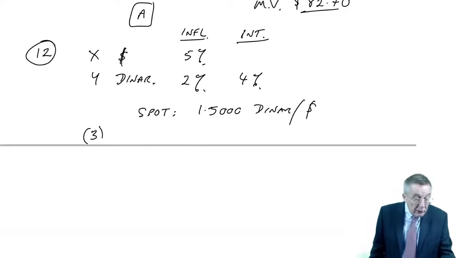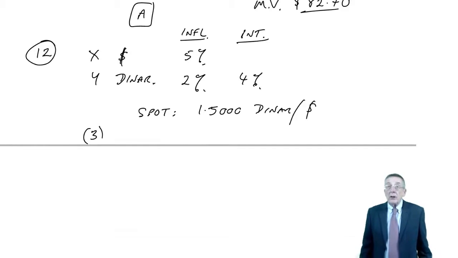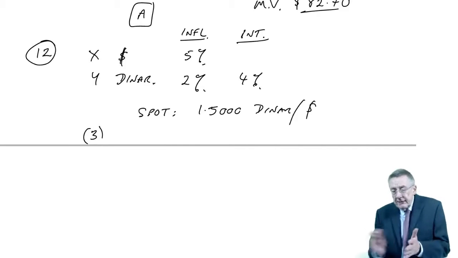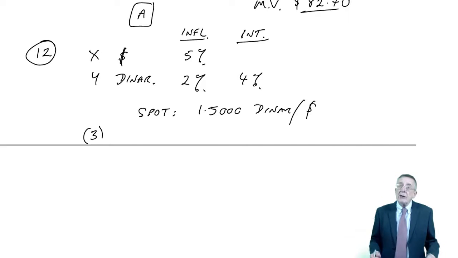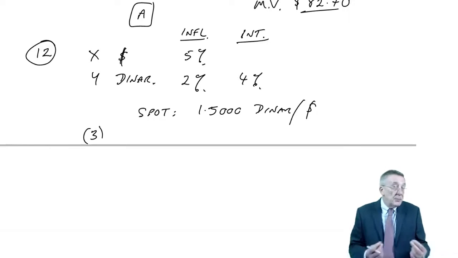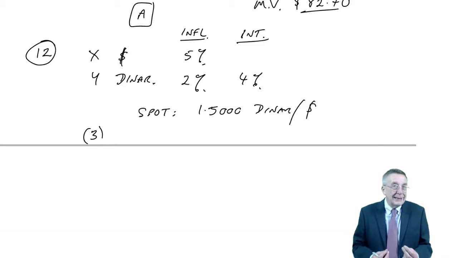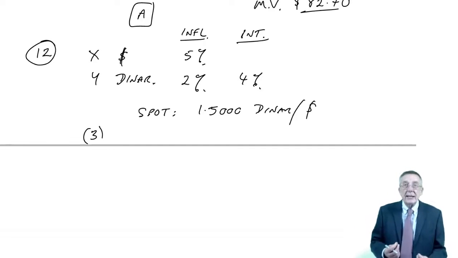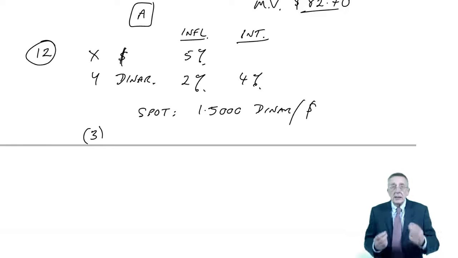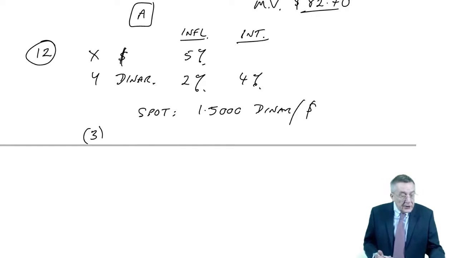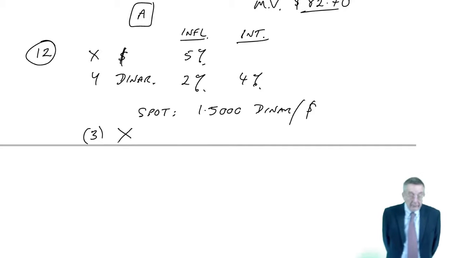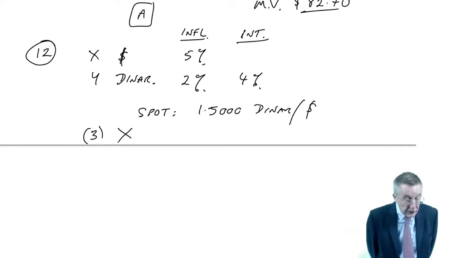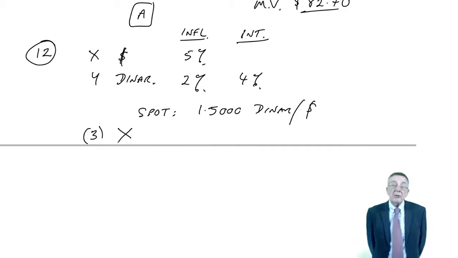But in theory, the real interest rate is the interest rate if we take out inflation. If there was no inflation, in theory, real interest rates should be the same. It's the actual interest rate which will be higher or lower depending on higher or lower inflation. So 3 is not true. Nominal interest rates should be higher in the country with higher inflation, but real interest rates should stay the same.